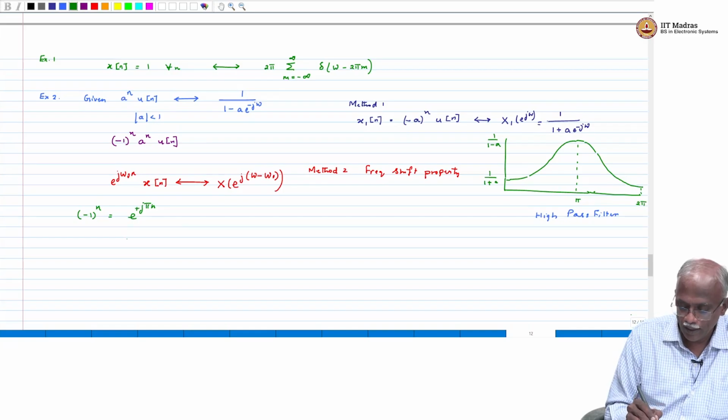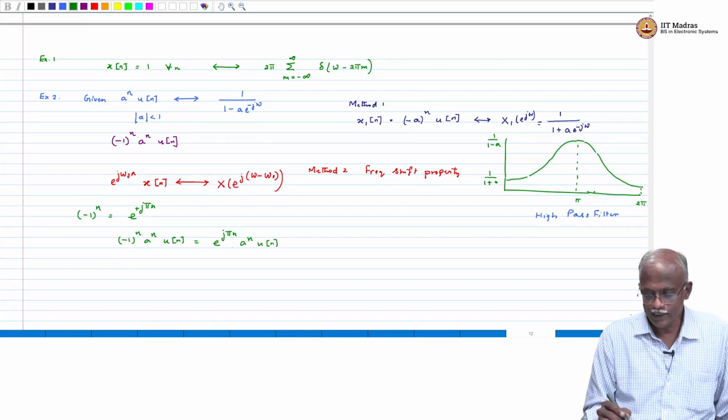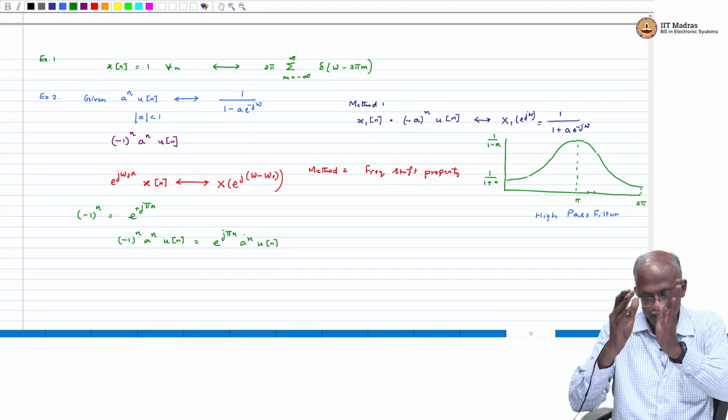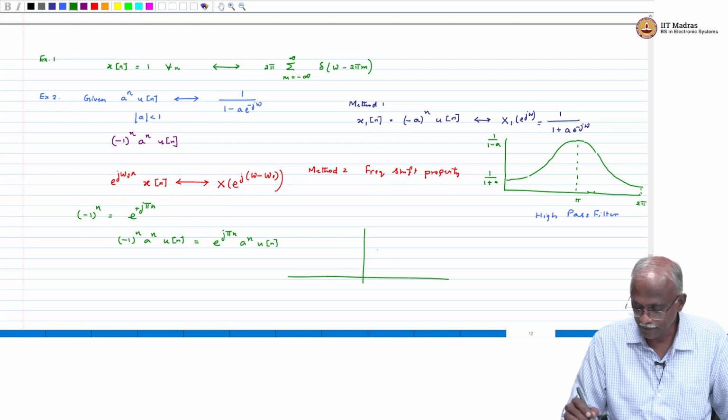So, we now have minus 1 power n a power n u of n represented as e power j pi n a power n u of n. Okay. So, then this says find out the spectrum of the original sequence a power n u of n. We know that calculation we have done.